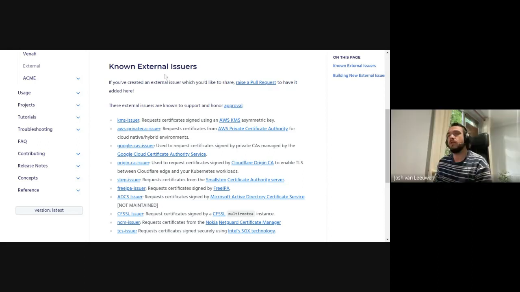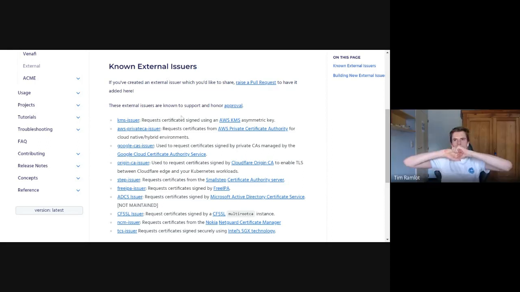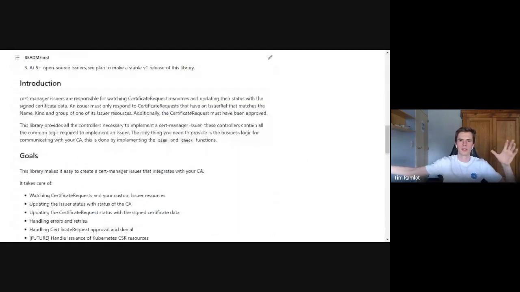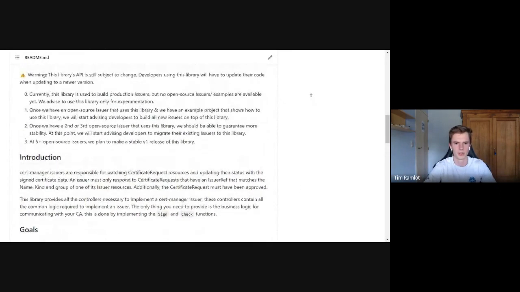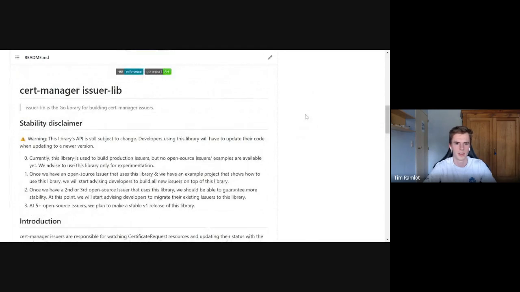What's the underlying motivator for all of this work? Well, I would like to make clear that issuers created by the issuer library, for example, are good, and compare that to other issuers and see how those compare.